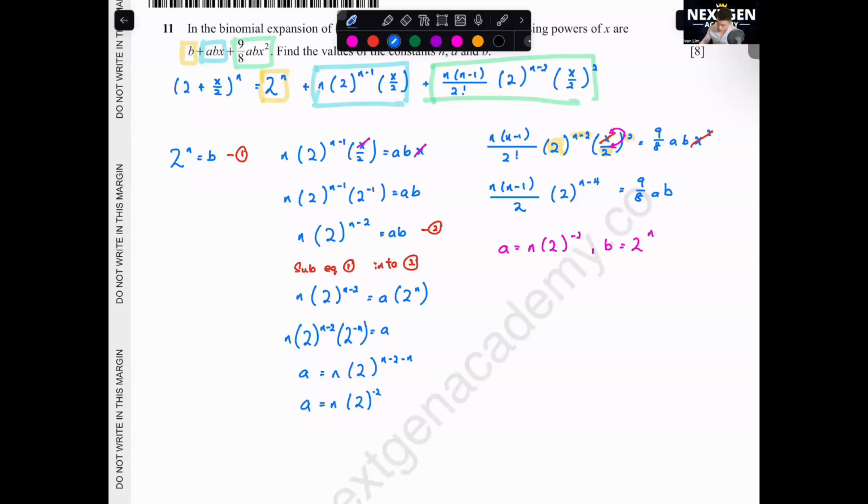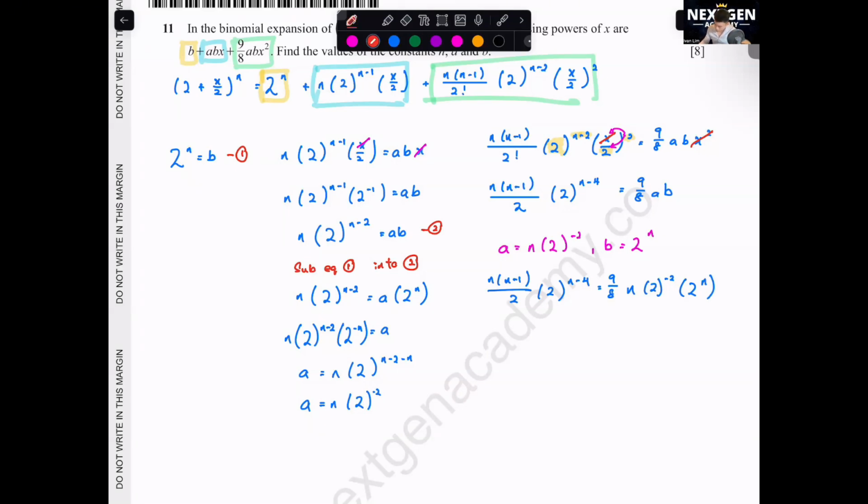Substitute into here. n(n minus 1) over 2, 2 to the power of n minus 4 equals 9 over 8. Okay, where we have to be careful here. n times 2 to the power of negative 2. Actually, you don't need so many brackets. Then multiply by 2 to the power of n. Okay, we simplify this entire thing.